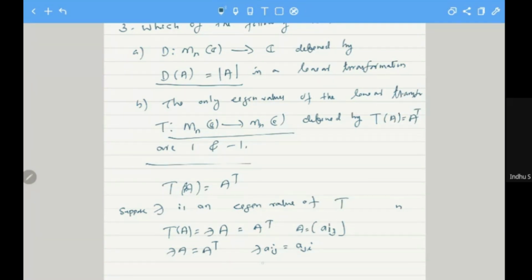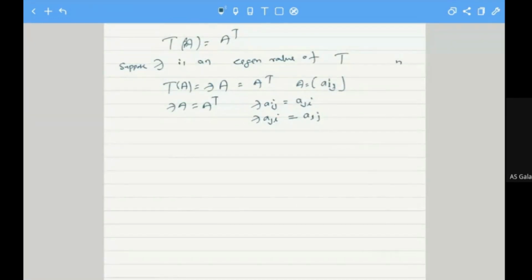Also, lambda times Aji will be Aij. Just equating the terms: lambda times Aij will be Aji, and lambda times Aji will be Aij. So we have two equations, 1 and 2.